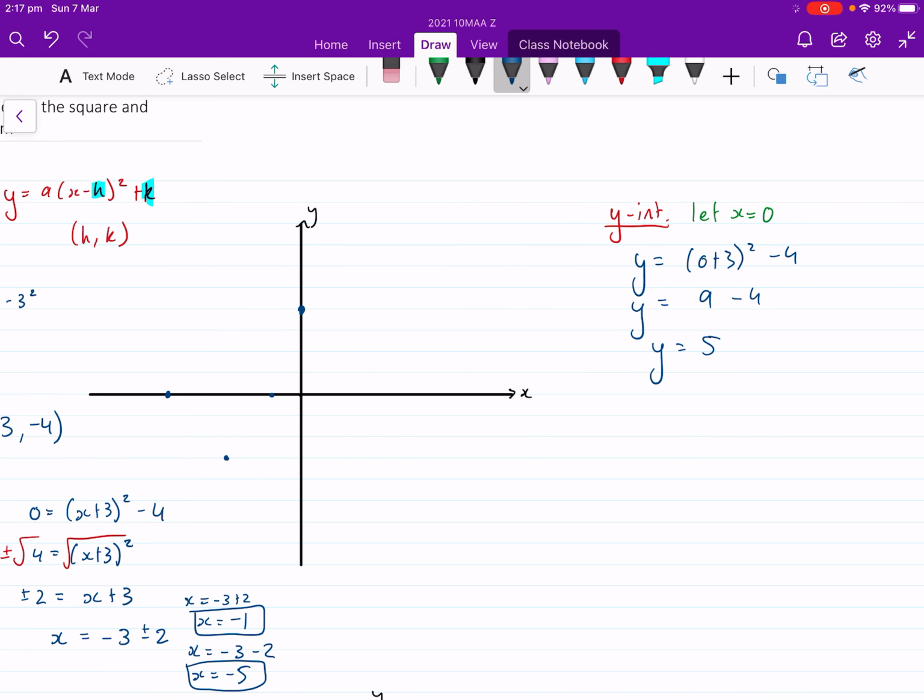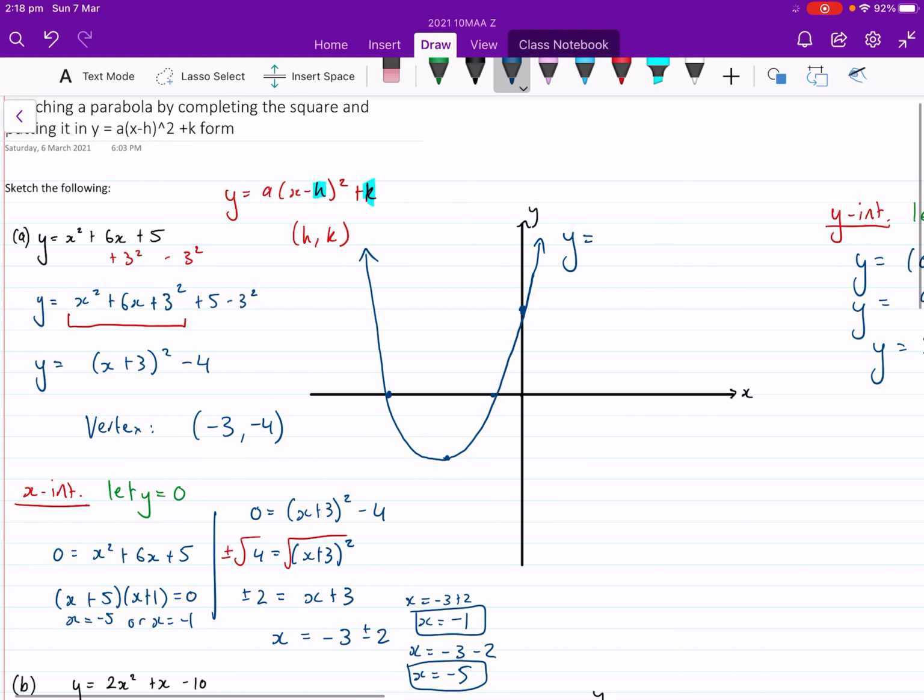All right, so the hardest part here is to sketch this. We need to make sure that we label the equation, and you should always label it with what was given at the start. I'm going to make sure I put in the coordinates of all the key points.